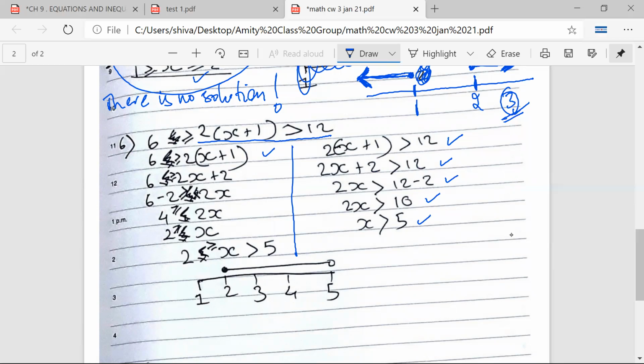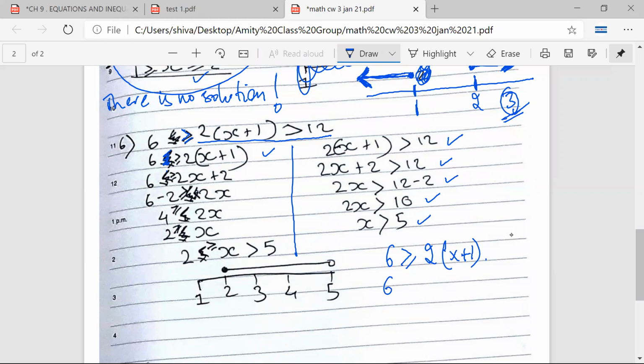Now, okay, I have 6 is greater than or equal to 2x plus 2. Soumya, correct? This is what you want to solve. Yes, sir.